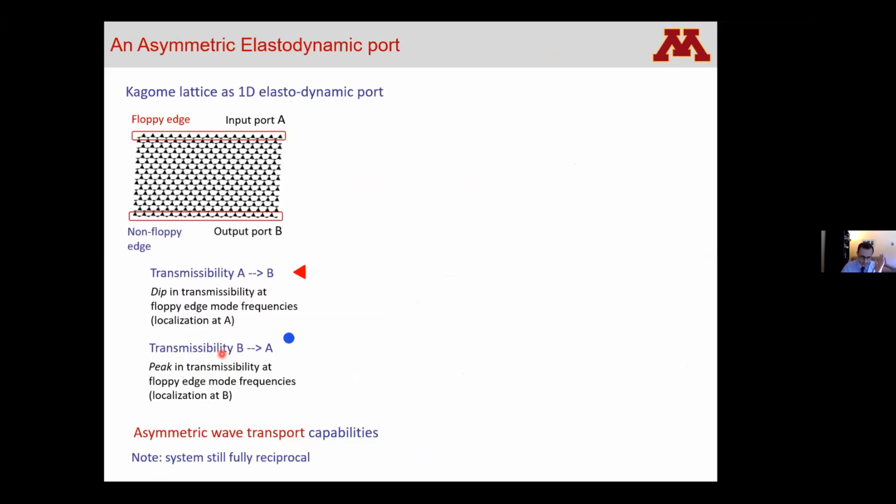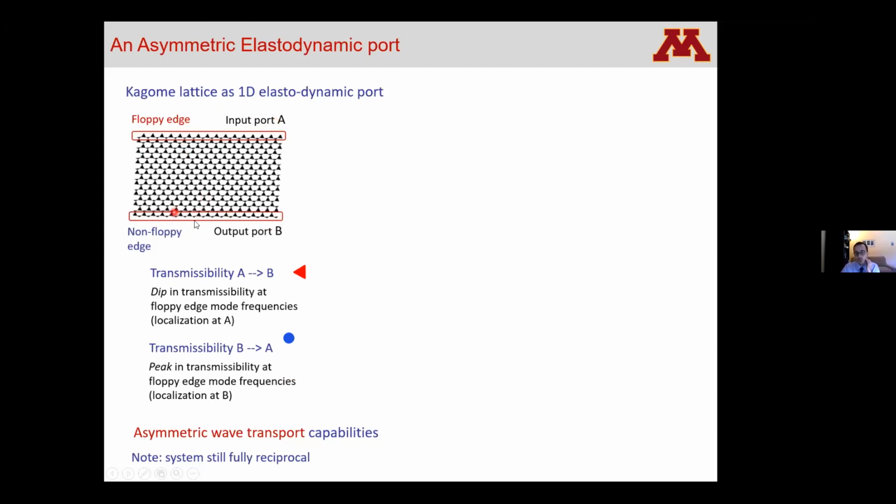Now, the best way to appreciate the non-symmetric behavior, which I just talked about, is by capturing the transmissibility of the domain. So here I'm going to consider the finite lattice, and I'm going to apply the excitation at one end, on one boundary. This is going to be my input port. And then I'm going to measure the response at the opposite edge.